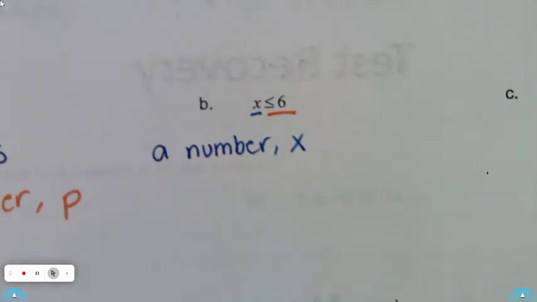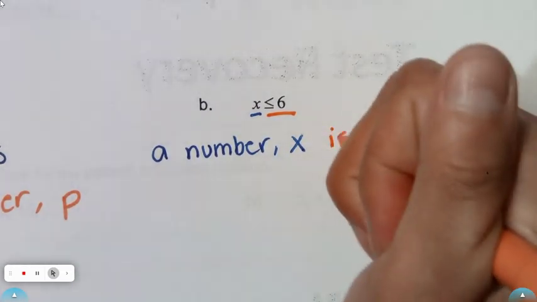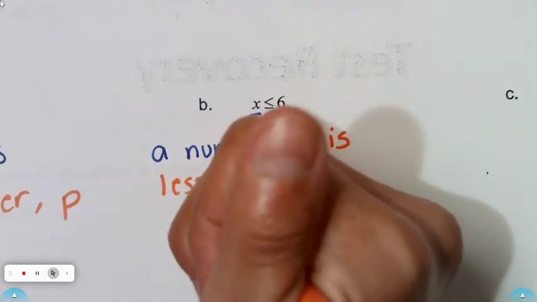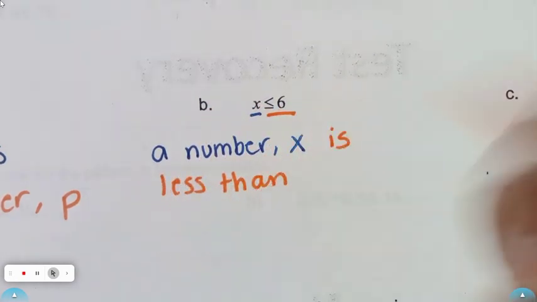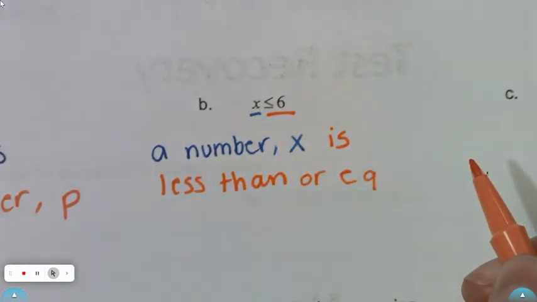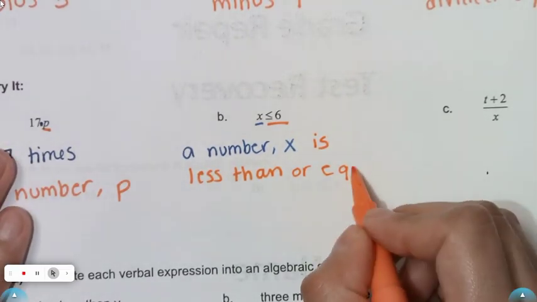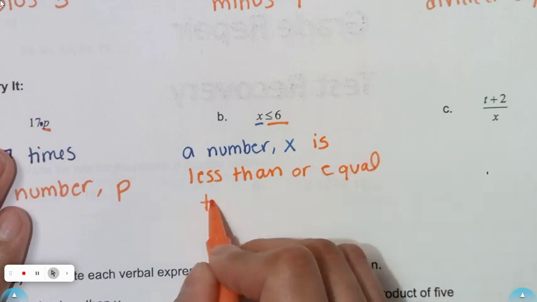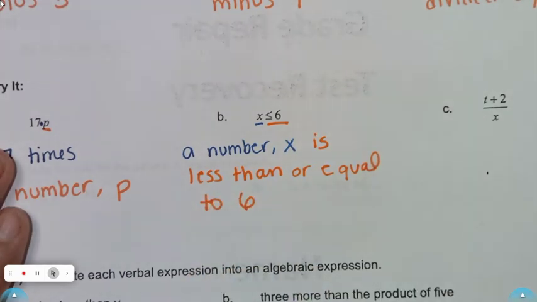And I have a number x is less than or equal to, let me zoom out a bit, and it's equal to 6.